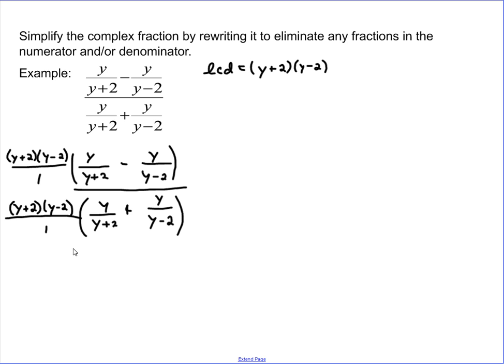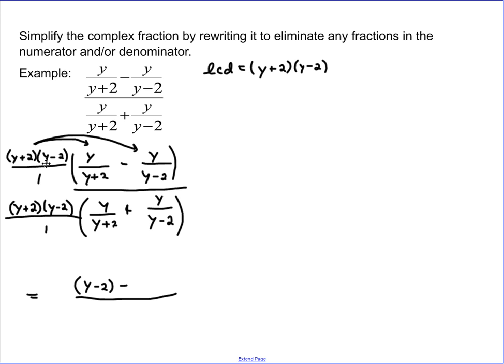All right, and here's what's going to happen. These two binomials get distributed individually to each of these terms. So you imagine y plus 2 times y minus 2 over 1 times y over y plus 2. Well, in that first term, the y plus 2's cancel, leaving us with y minus 2. Subtract from that y over y minus 2 times y plus 2, y minus 2 over 1.